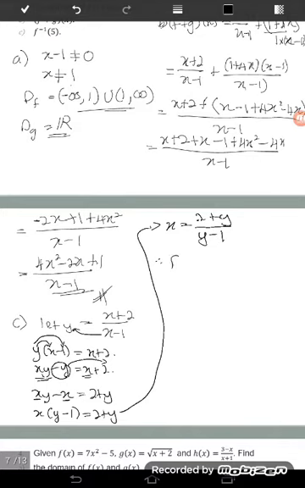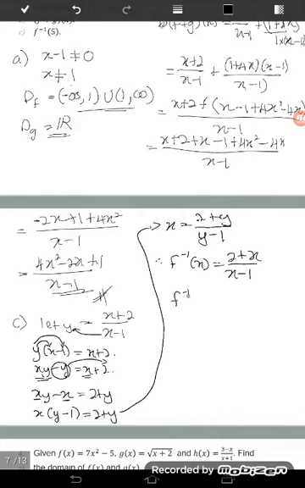Therefore the inverse of f is equal to, we change y into x, 2 plus x over x minus 1. The question asks to find f inverse of 5. So we substitute x with 5.